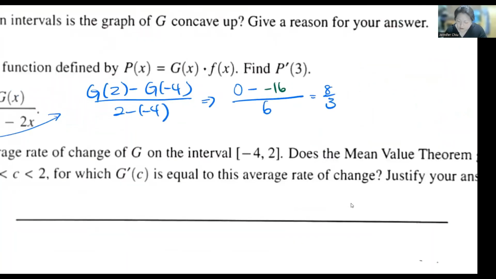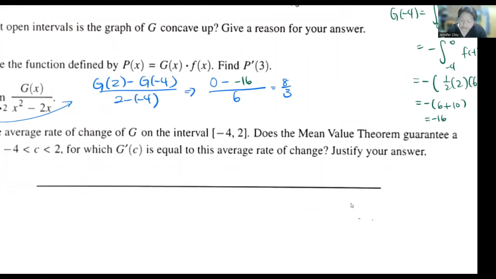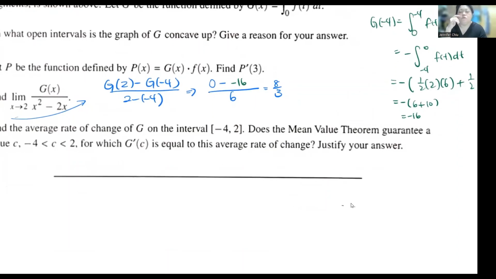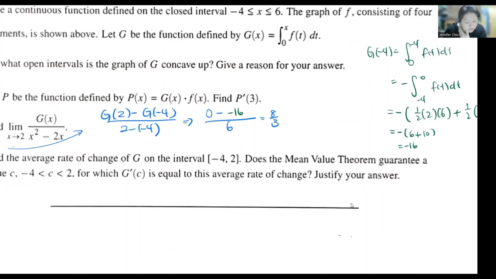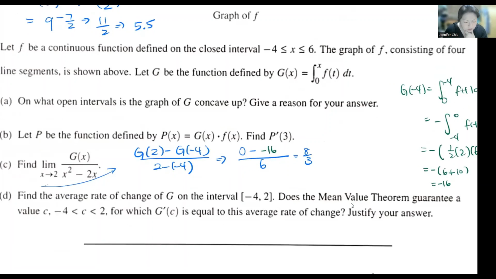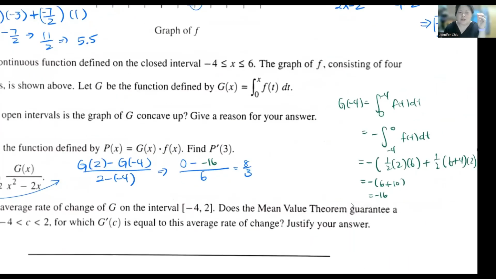Okay, so now, does the mean value theorem guarantee that? So you have to look at your function. Mean value theorem needs your function to be continuous and differentiable, right? So it does say that it is continuous. And is it differentiable? Well, this is going backwards. You're looking at g, right?